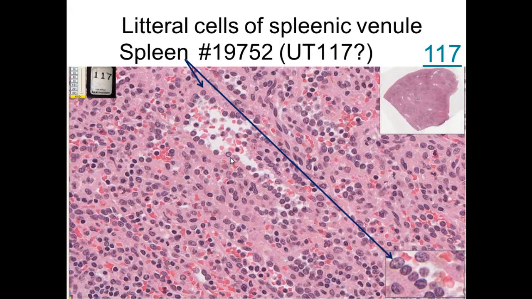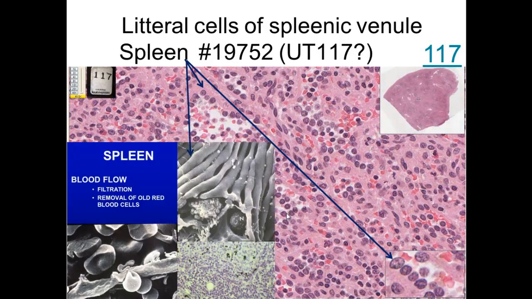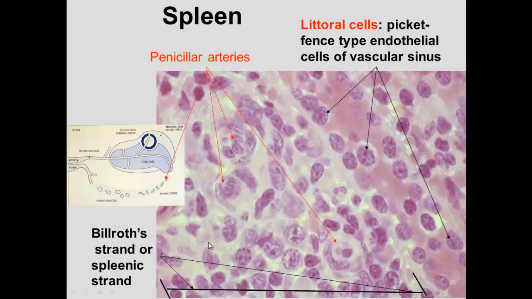These are Billroth strands or splenic strands that we can see, and you see the cells are taller than typical endothelial cells. Blood that's dumped out from the penicillary arteries into a strand has to squeeze through these littoral cells. So these are all the same cells. As red blood cells get older, they're less pliable, and macrophages are there. Right here's a macrophage, and there we can see macrophages with the staining, ready to eat up these cells.